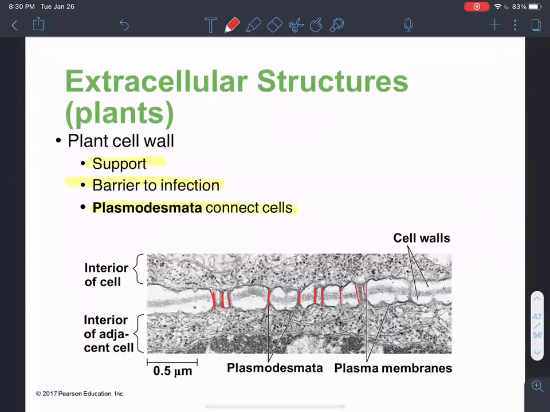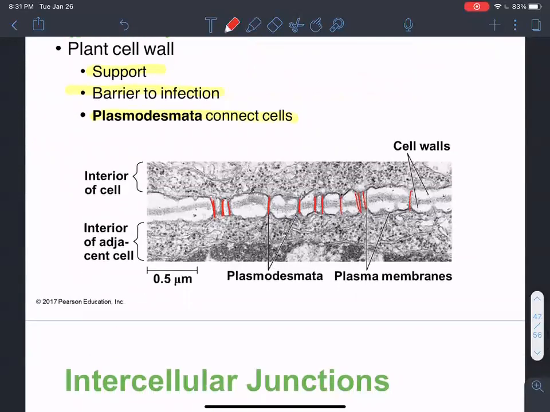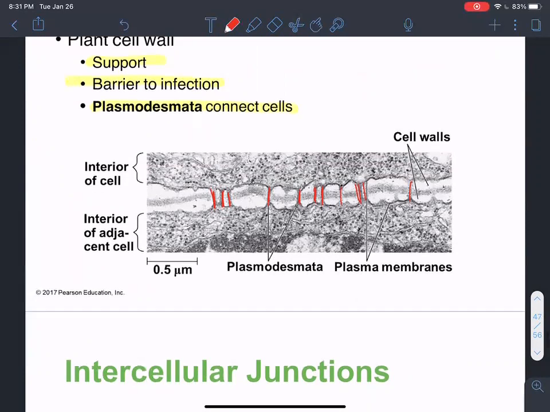So those are all plasmodesmata. They link plant cells together. That's important to remember. They're going to connect the plasma membranes of the two separate cell walls. So this right here is one cell, and then this right here is another cell that is being linked together.